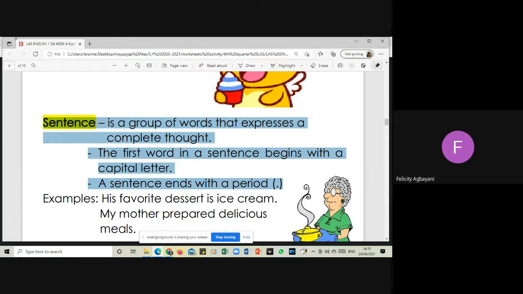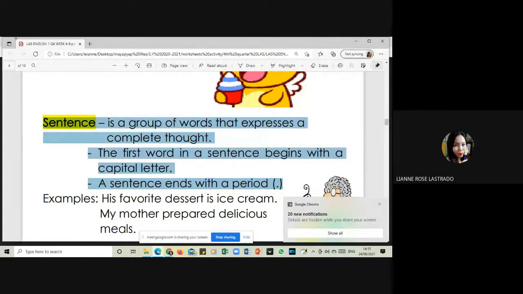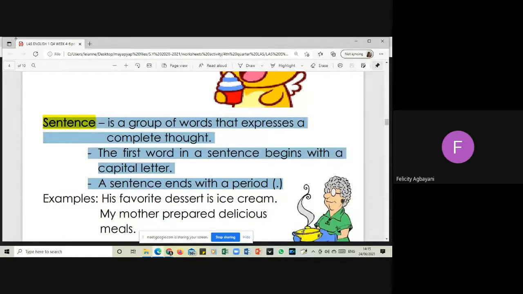The first word in a sentence begins with a capital letter. A sentence ends with a period. Okay, thank you so much, Gerald.